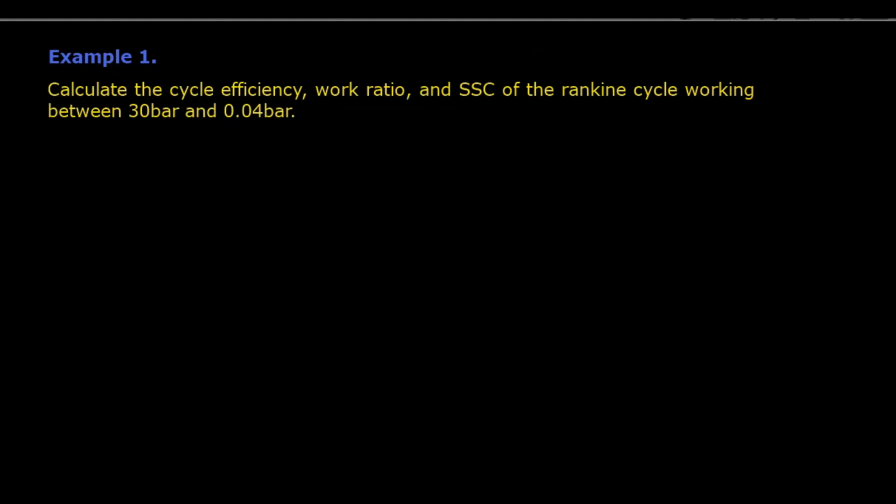Example 1: calculate the cycle efficiency, the work ratio, and the specific steam consumption of a Rankine cycle working between 30 bar and 0.04 bar. Now they say we should calculate.